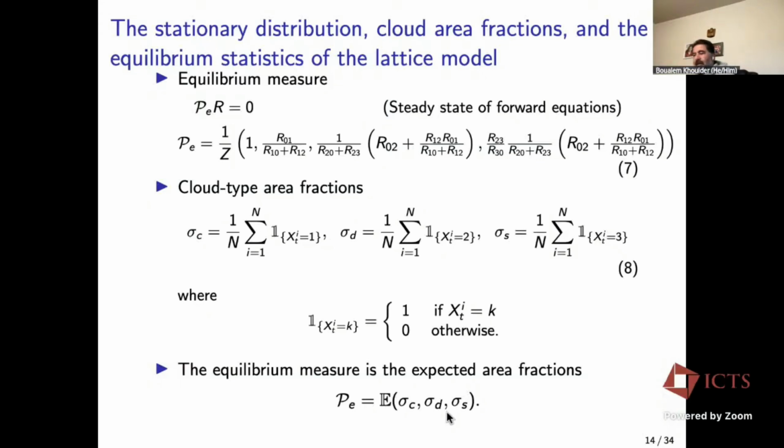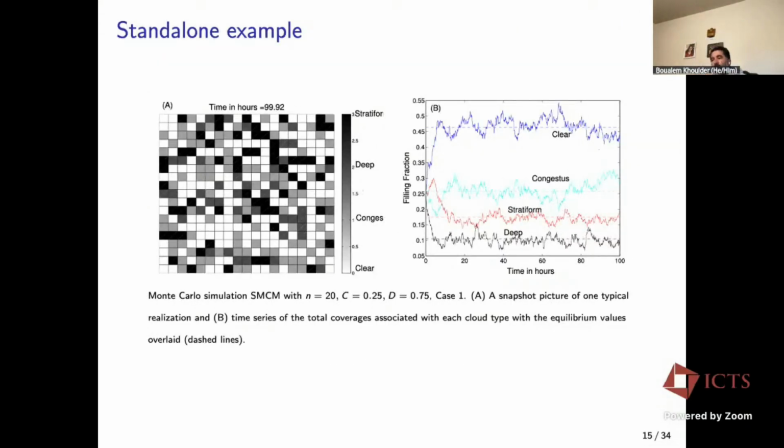If we know the equilibrium, or the climatology, of the system we want to simulate, and our model's expected value reproduces the climatology, then you are happy that you are already doing something good. So this is just one of the first realizations. You simulate that lattice model, and you give it some CAPE and dryness values in non-dimensional units.